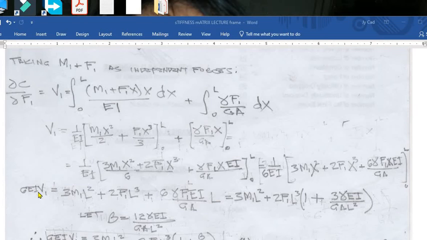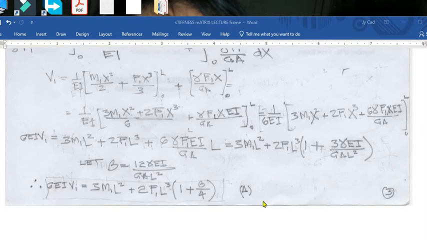Wherein 6ei v1 now becomes 3m1l squared plus 2f1l cubed times the quantity 1 minus 3 gamma ei all over gal squared. And then let beta equal to 12 gamma ei all over gal squared. Saan galing ito?